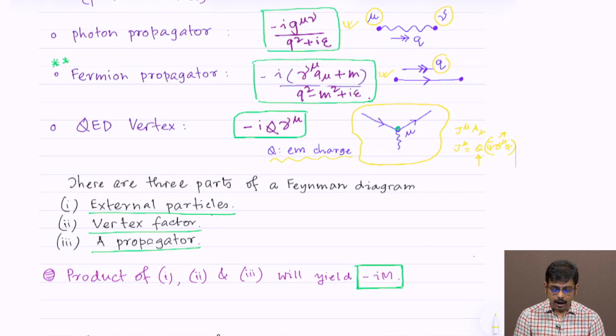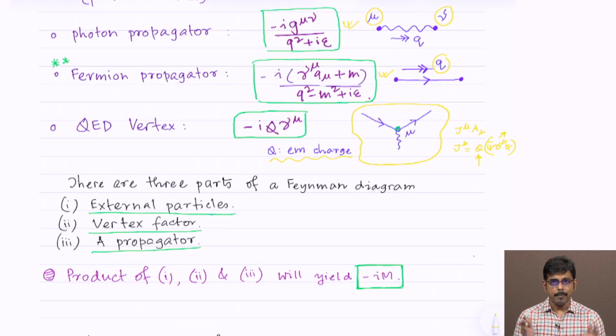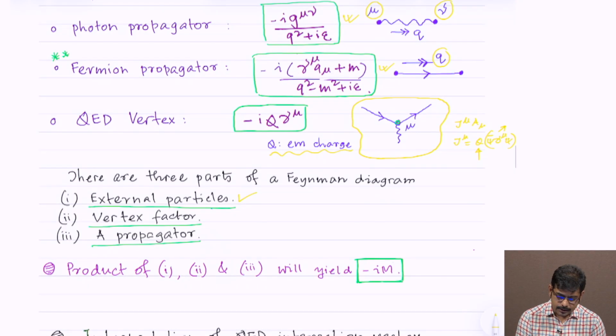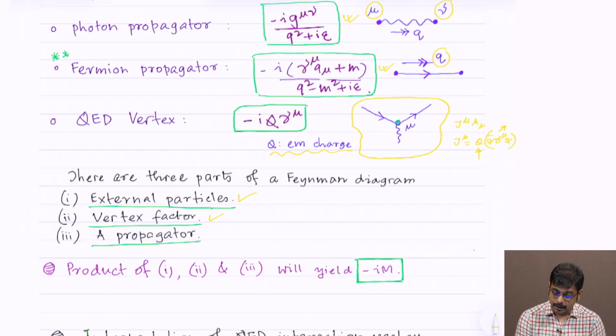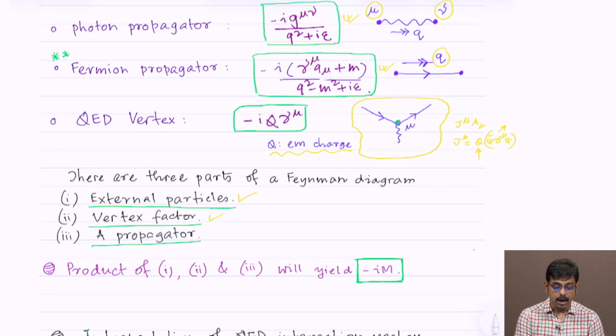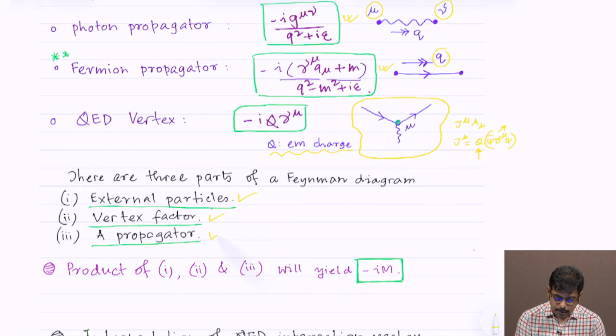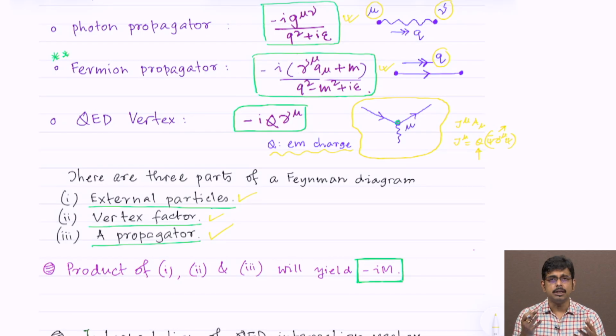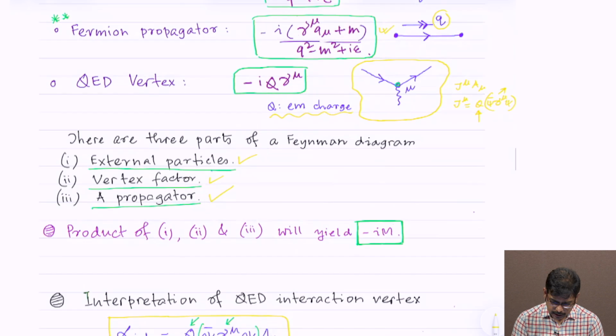We basically know that any process you can think of will constitute these three things: the external particles, the vertex factor, which is the electromagnetic interaction, the QED vertex factor, and then of course it has to be mediated by a propagator, the internal line, whether photons or fermions, depending on what kind of process we are interested in.